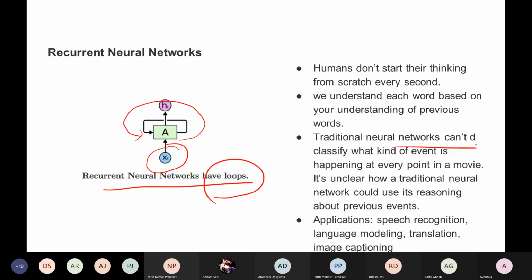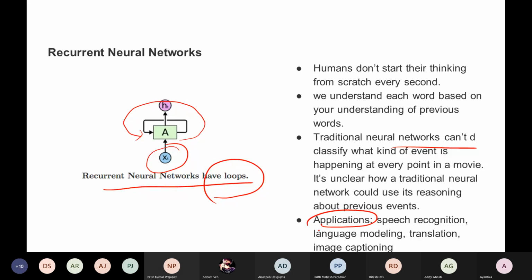In all the previous discussions and examples, we were just classifying one particular image, whether it is a car, a house, etc. But if we take applications like speech recognition, language modeling, or predicting what ma'am is going to say in the next line, maybe you are now predicting that the next slides will be related to recurrent networks, how we are going to implement and realize them.